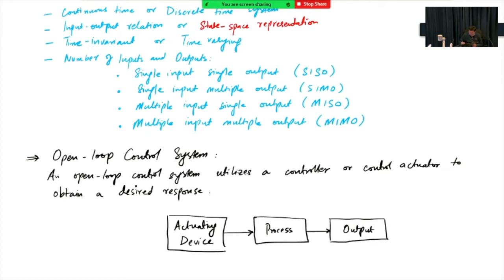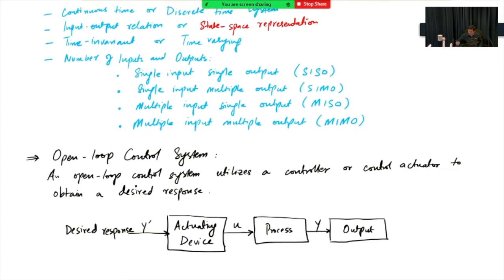That actuating device actually gets the desired response as the input. So we tell an actuating device what is the output that we want, and that generates a U, and that U will go through the process and give you a Y. So let's call this a Y prime, and hopefully, if the actuating device works correctly, your Y and Y prime will be very close.